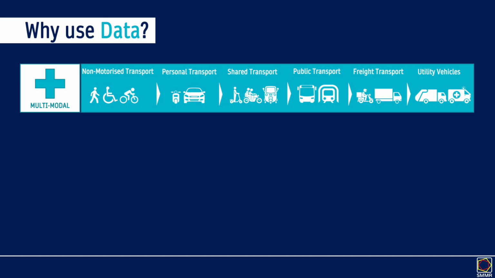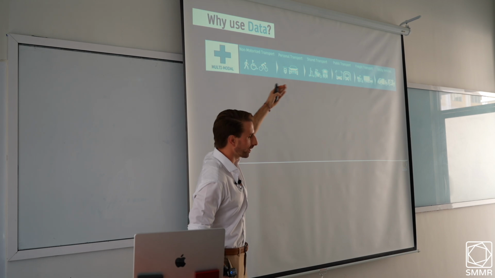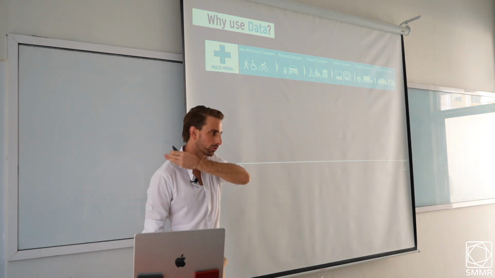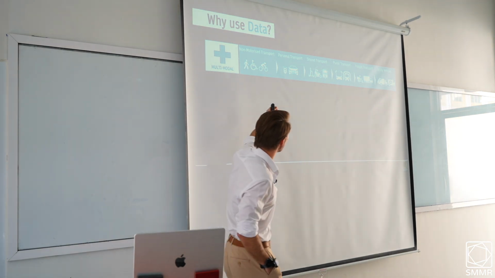Perfect. I have a more abstract explanation, and that's because our cities are more and more multimodal. In your lifetime even, you've seen more non-motorized transport, more personal transport, more shared mobility services. There's PASAPs everywhere in Phnom Penh now.